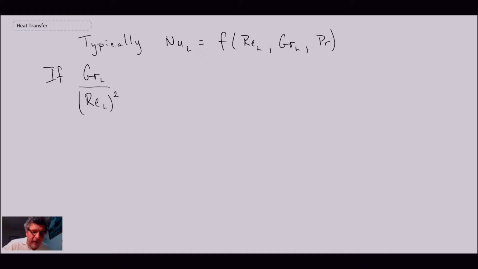So to begin with, if we have the Grashof number, remember the way that we got the Grashof number, we multiplied our governing equation by Reynolds number squared. That's why we're dividing the Grashof number by Reynolds number squared here. But if this ratio is approximately equal to 1, we have a flow regime that is referred to as being combined free and forced convection.